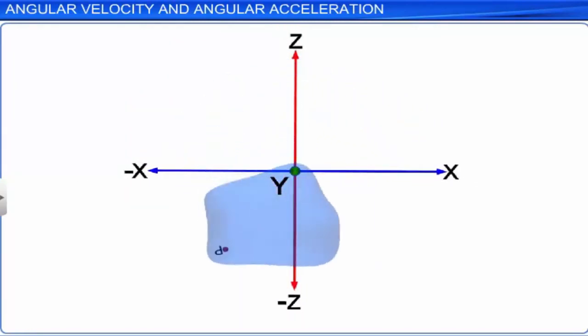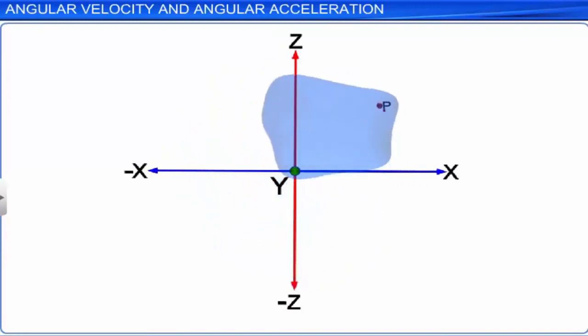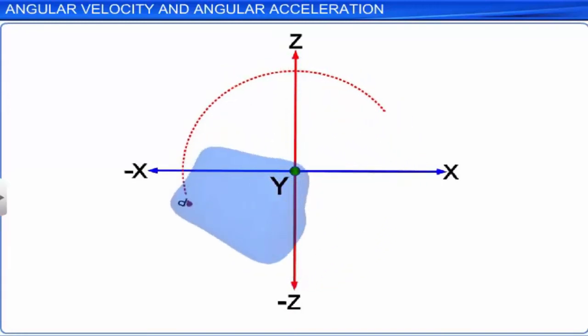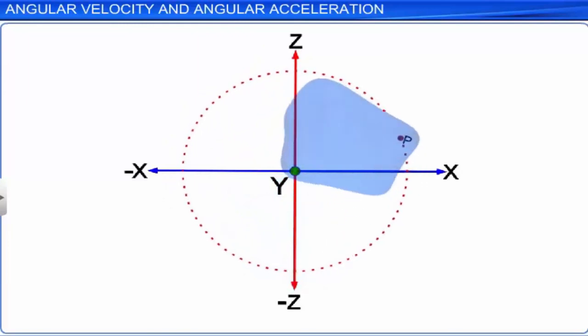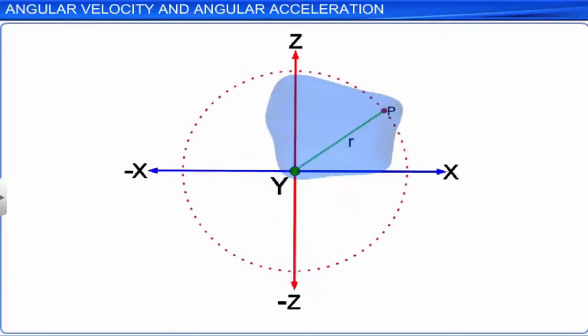Observe a particle at P in the rigid body, that is, at a perpendicular distance r from the axis of rotation. Let O be the center of the circular path of the point.